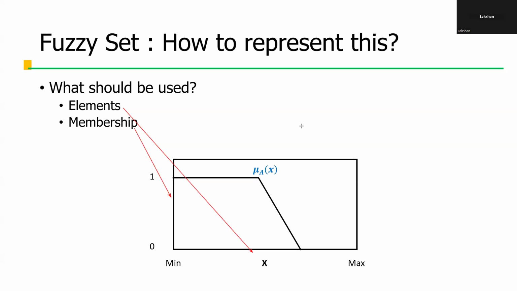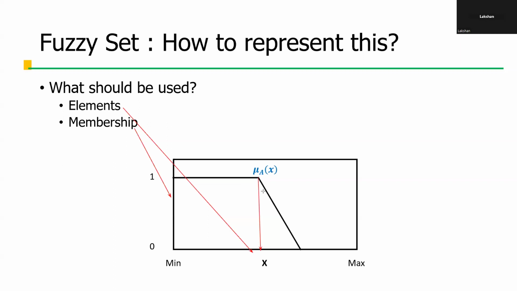We are taking a few examples. For the last one, I drew the triangle. The membership values are starting from 70 to 80. Likewise, here from the minimum to x value, we have 1. Here we have x, so we have 1 altogether.